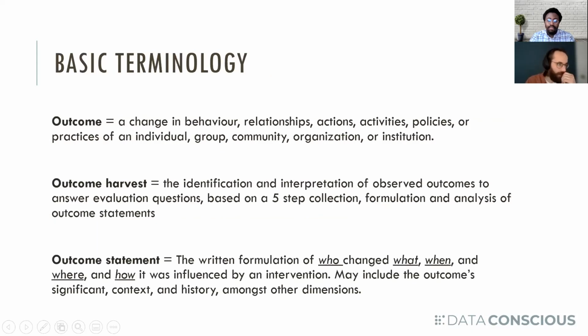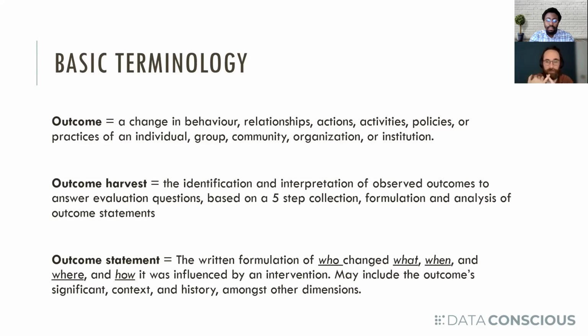We should clarify a couple of points on terminology, because it can get a bit confusing, and it doesn't need to be. So the first point is that for people that do outcome harvesting, for evaluators that specialize in this, when they say outcome, they mean a change in the behavior, relationships, actions, policies, practices, commitments of social actors.